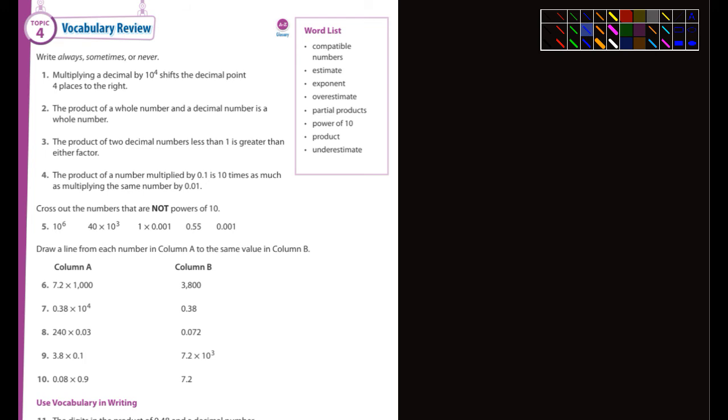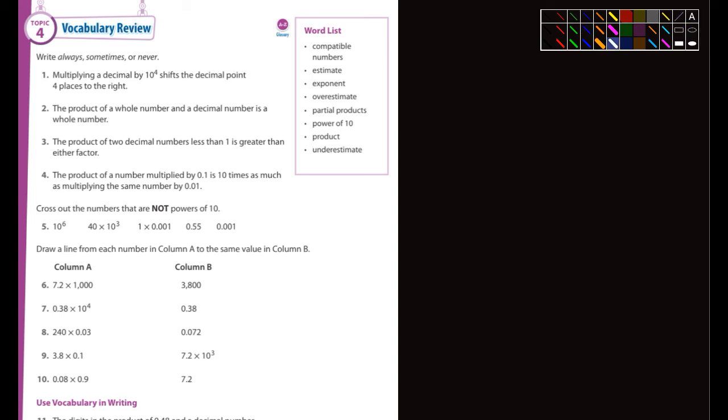So it looks like 1 through 4, it says write always, sometimes, or never. Those are our 3 choices. So number 1, it says multiplying a decimal. They don't say what kind of decimal, but I guess it could be any number with a decimal, by 10 to the 4th shifts the decimal point 4 places to the right. Well, let's pick a number here.